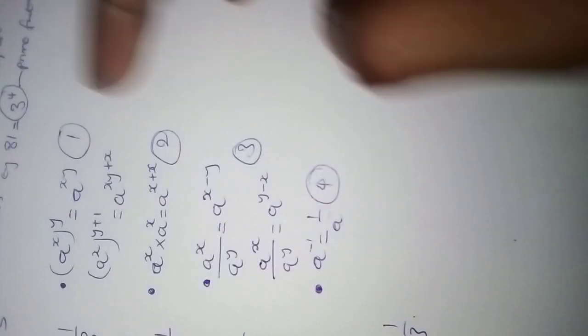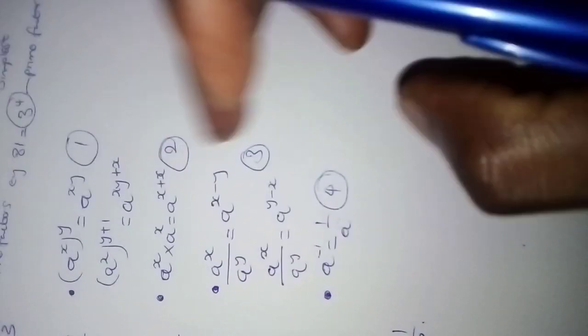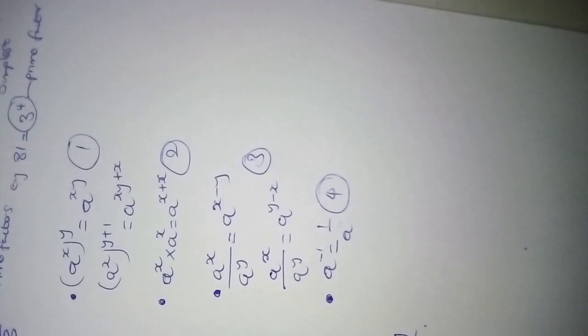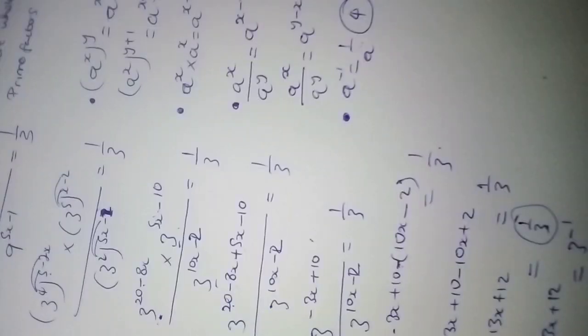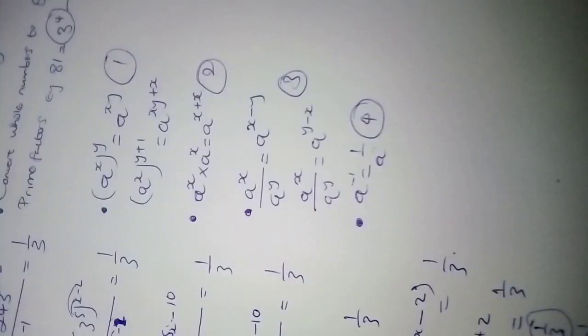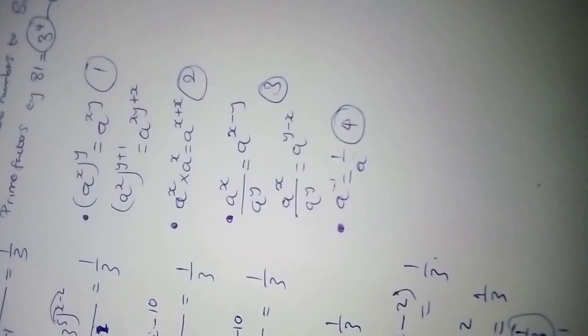So make sure that you remember and understand these laws, because you will be highly relying on them to solve any expression that has a multiplication sign. Right, so now in this video we are primarily focusing on simplifying exponential expressions that have a multiplication sign. So stay tuned for the next video, in which we will be dealing with simplifying exponential expressions that have an addition or subtraction sign.